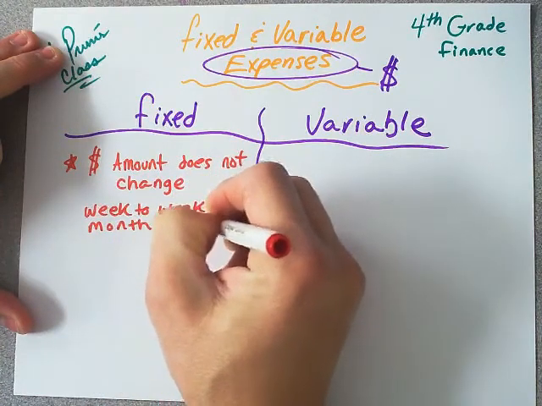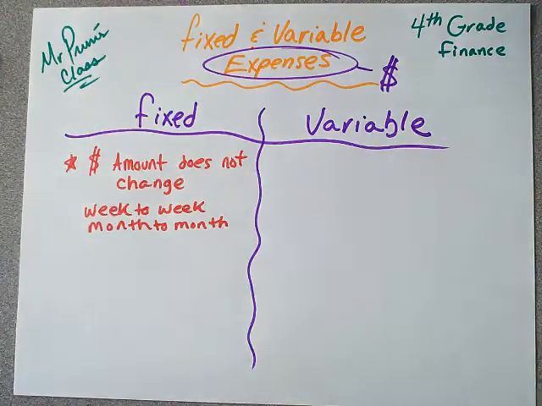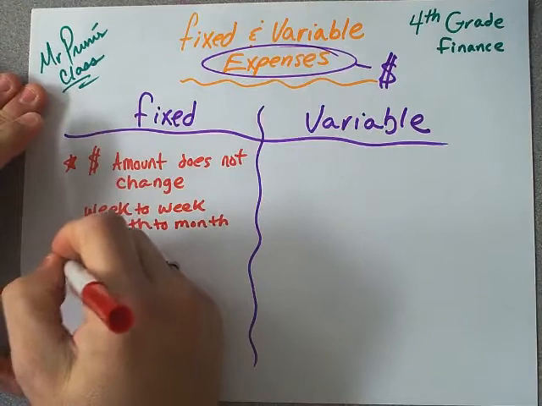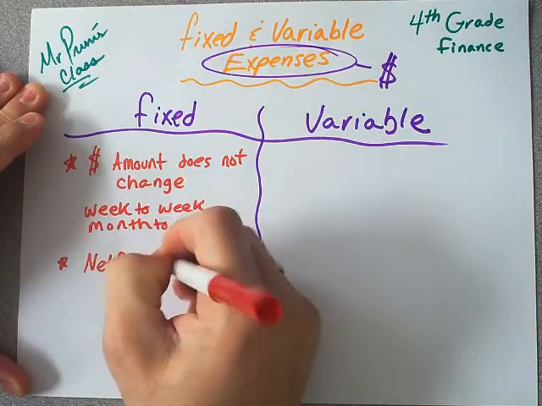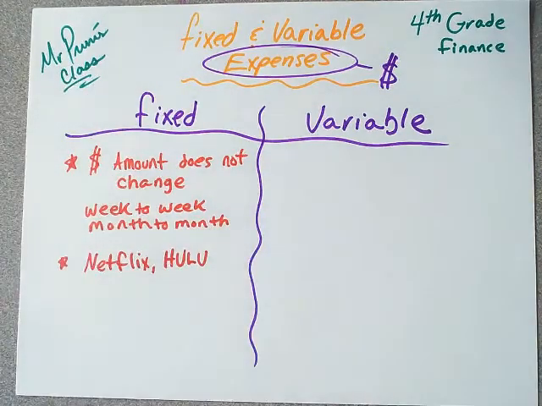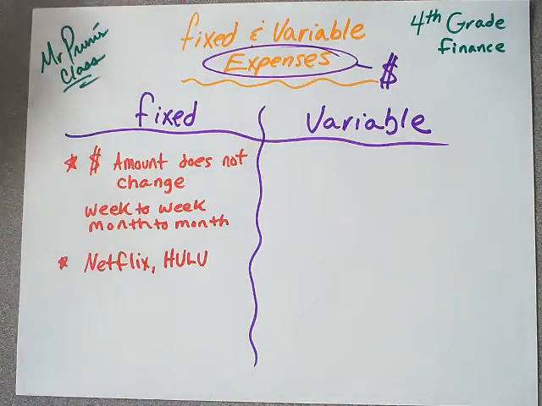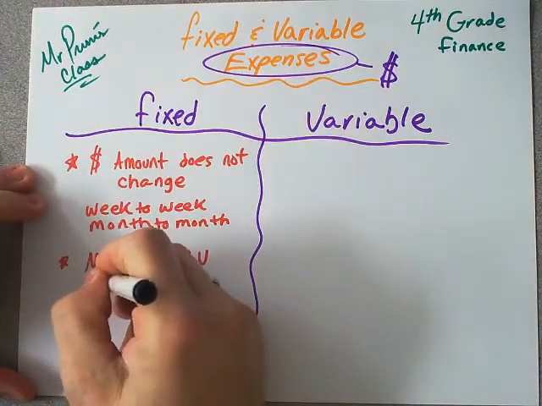So one very easy example to understand for you guys is going to be Netflix. Okay, Netflix, Hulu, things like that, some kind of a subscription service to some type of business where they charge you for the same amount each month. I'm pretty sure Netflix is around $10 a month.